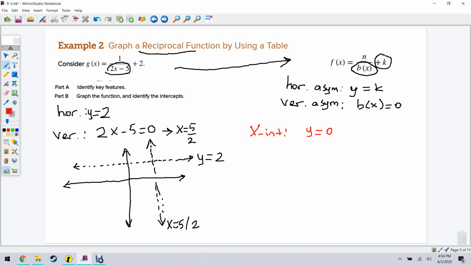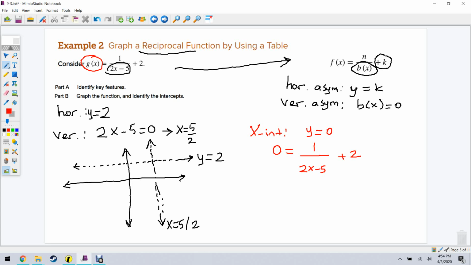So this is our function, and this thing that you see here is y. So I will just change it with a 0. It's equal to 1 over 2x minus 5, plus 2, right?